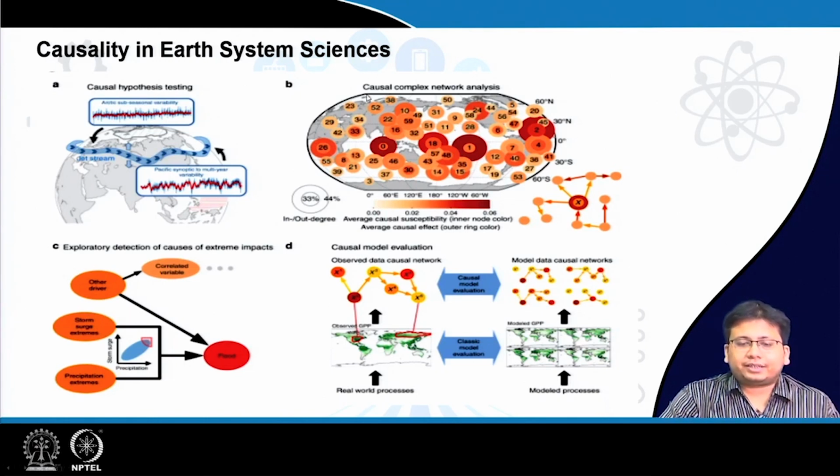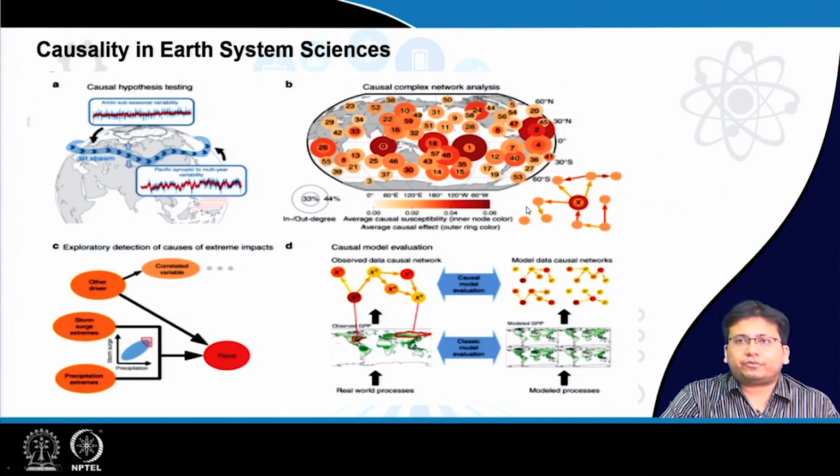The second set of problems is developing something like a causal network all over the world. Climate networks, networks based on correlations, then networks based on event synchronization, etc., we have discussed earlier, where we look upon the whole earth surface as a graph and every location or every grid as a node, and we put edges between them.